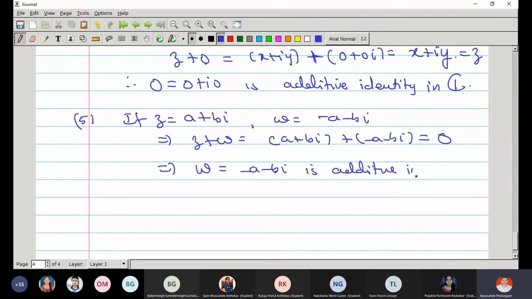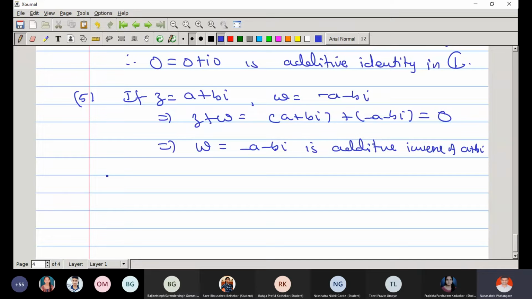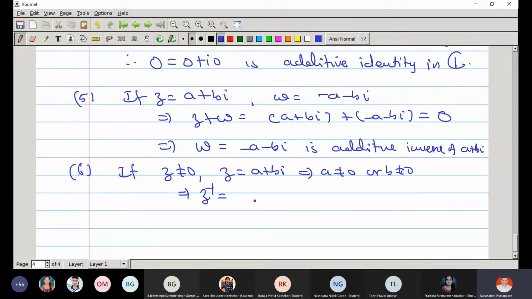Now, if z is not equal to 0, that is, if z is equal to a plus bi, that means a is not 0 or b is not 0. Therefore, what is z inverse? A upon a square plus b square, which is non-zero, certainly non-zero if one of them is non-zero.